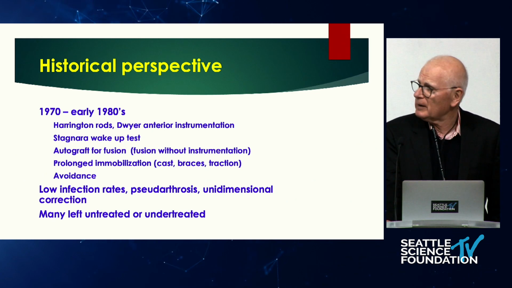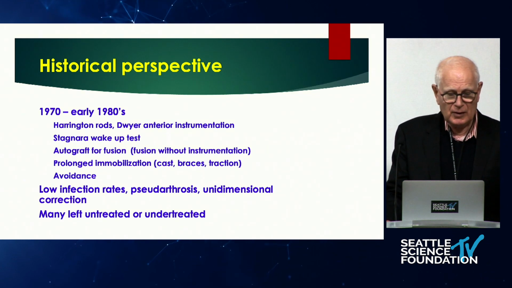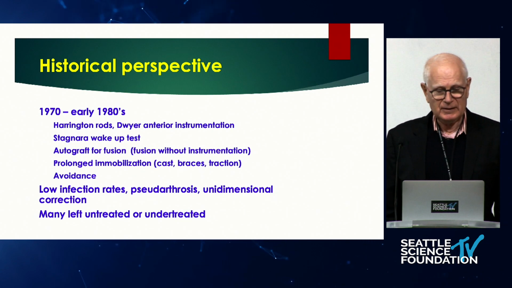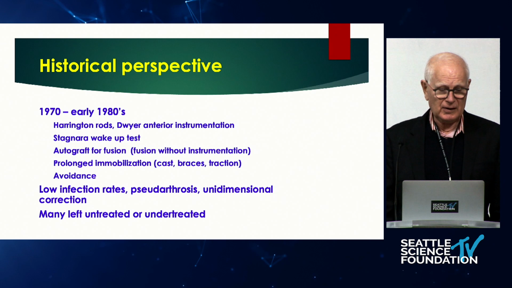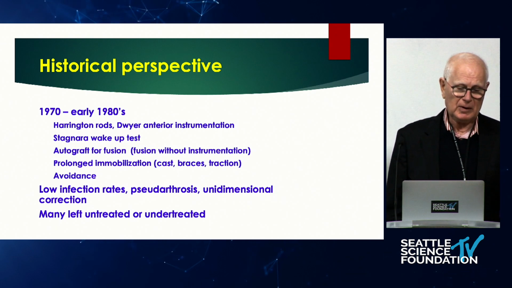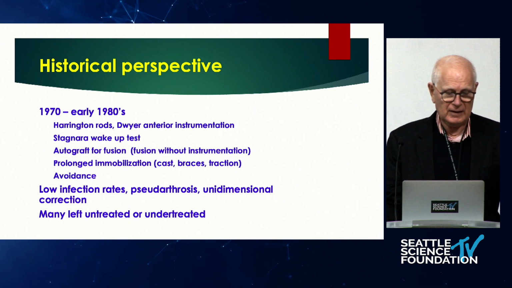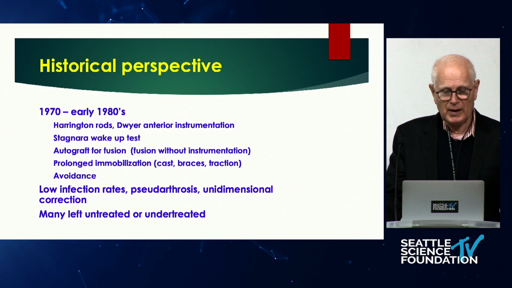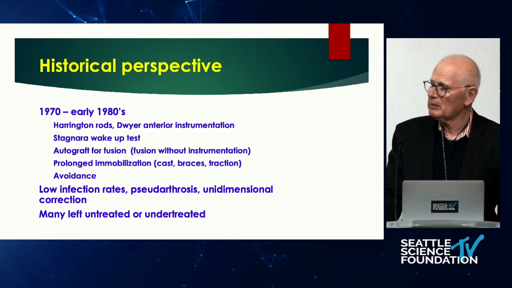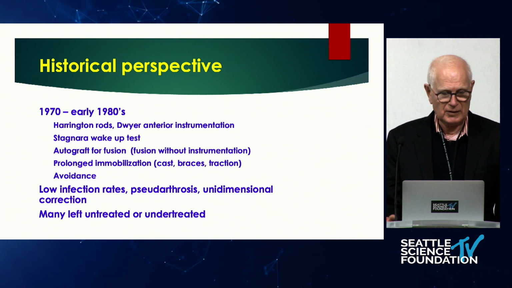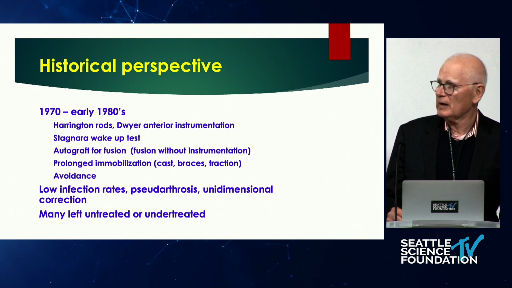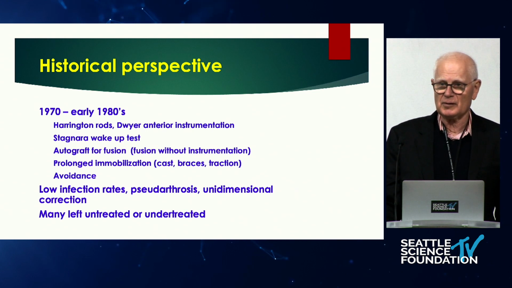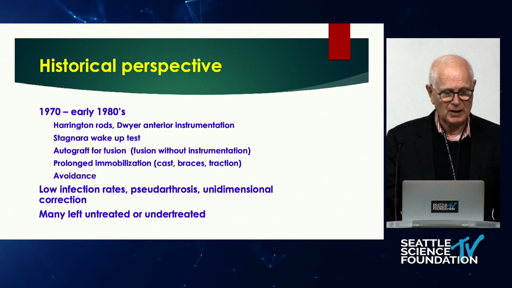So it hasn't always been that way. When I trained in Toronto in the 70s, and I did my fellowship and started my practice at Sick Kids in 1981, Harrington rods and wire instrumentation for the front were pretty much the only instrumentation available. It was in 1981 that Eduardo Luque first introduced truly segmental instrumentation.